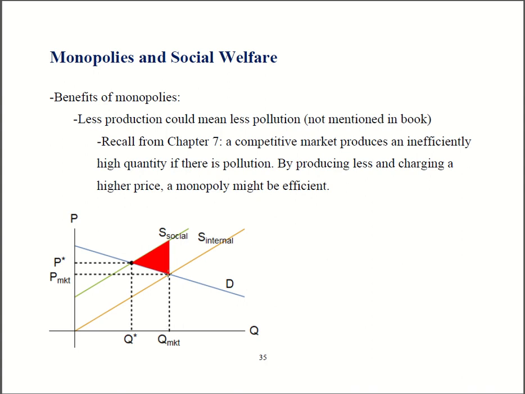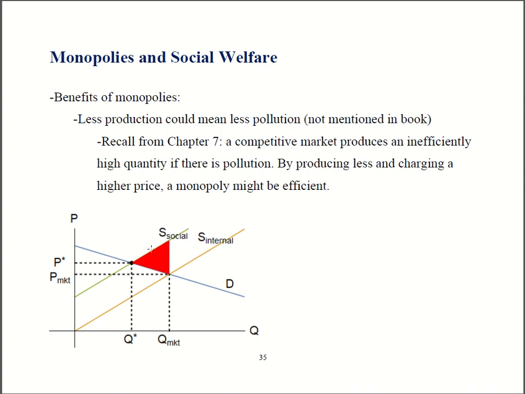What that does is it results in a quantity that's going to be inefficiently high, and a price that's going to be inefficiently low. So for those last units over here, consumers were willing to pay this much, that's what's given by their demand curve for those last units, but the marginal cost to society to make those units is going to be up here.